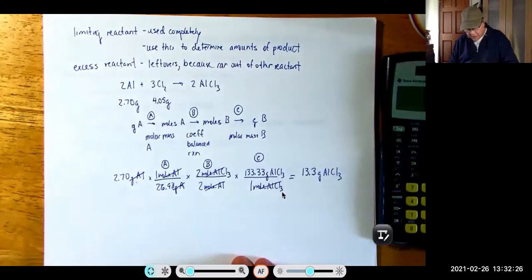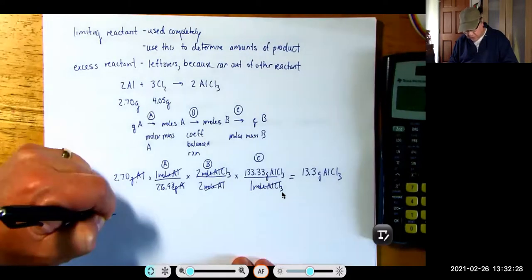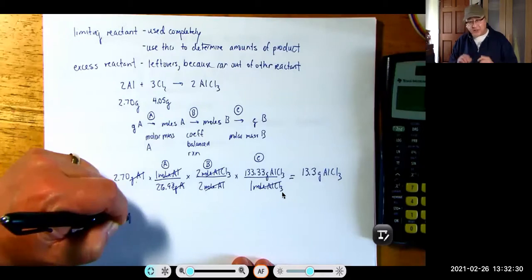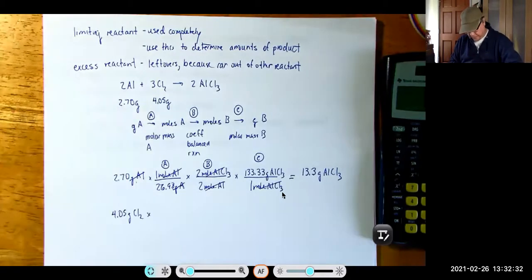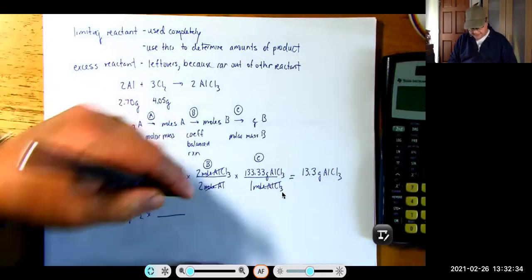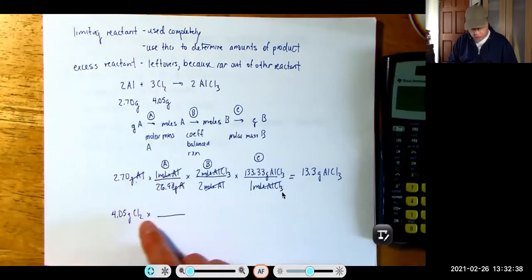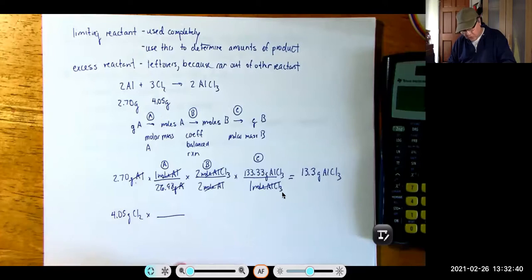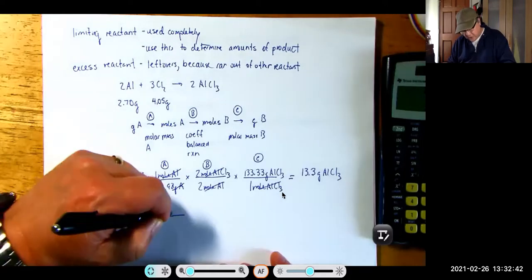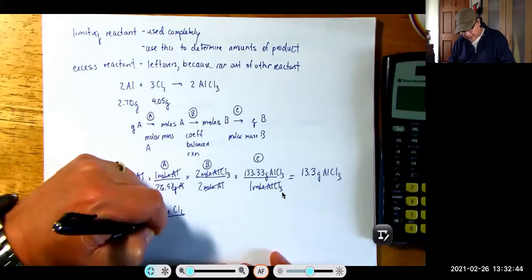Now, what if we started with 4.05 grams of chlorine? What's the maximum we could get? Well, here, instead of using the molar mass of aluminum, I'm going to use the molar mass of chlorine, which is 1 mole of Cl2 per 70.90 grams of Cl2.